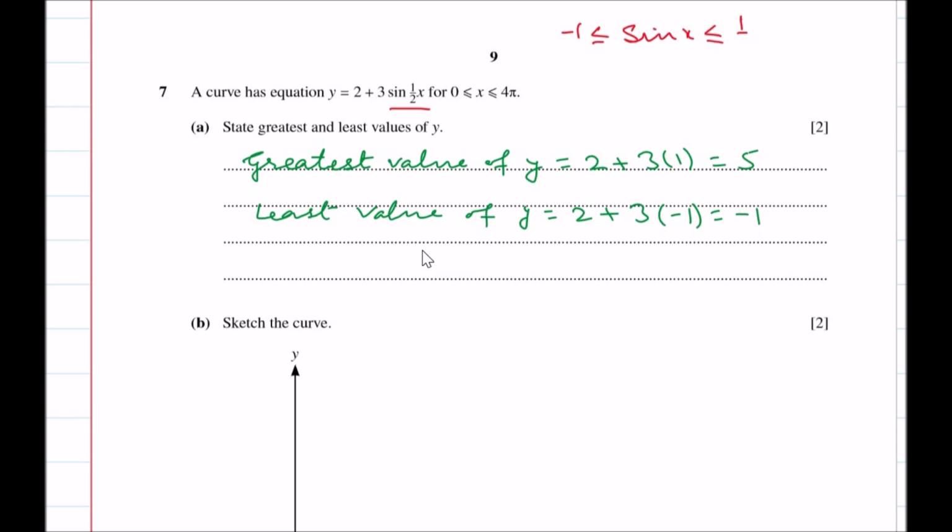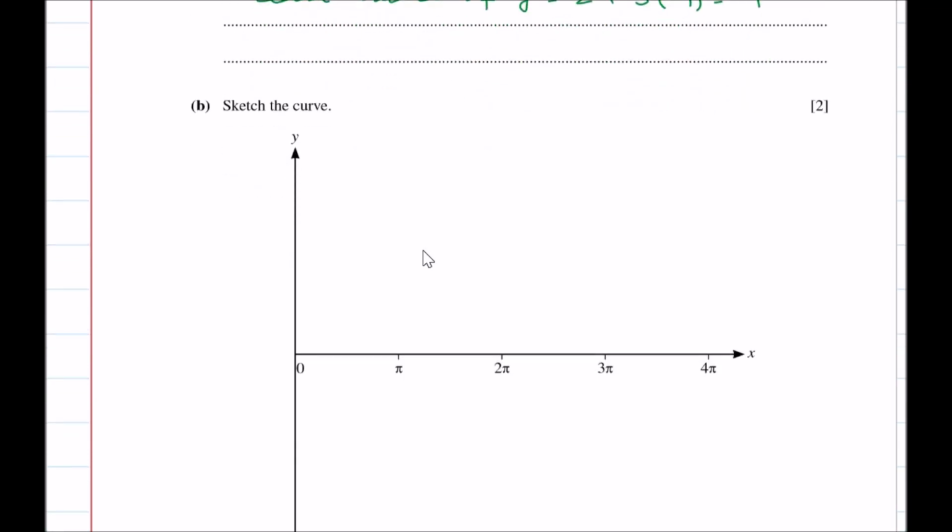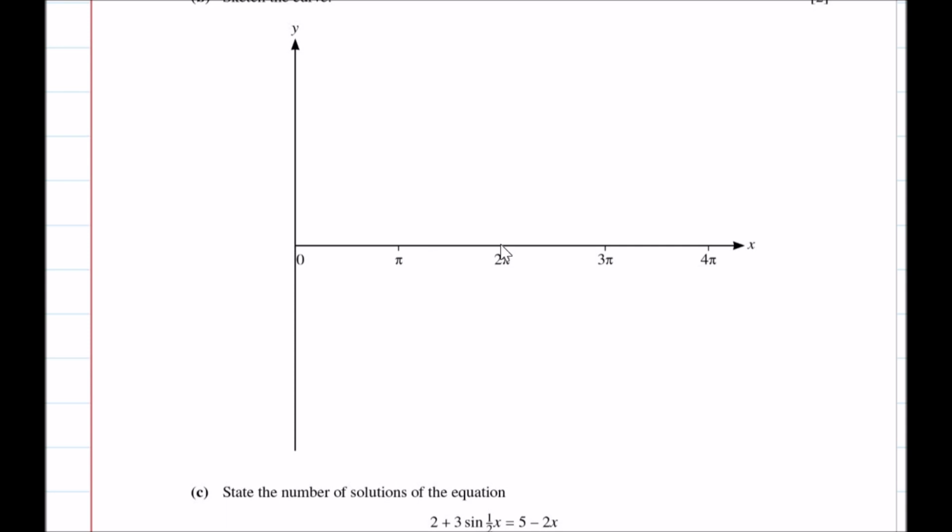Okay, so let's go to the next part. It says sketch the curve. So we have already got in first part the range minus 1 to 5. So on the graph we will show minus 1 to 5. So here it is, suppose minus 1, and here it will be 5, right?